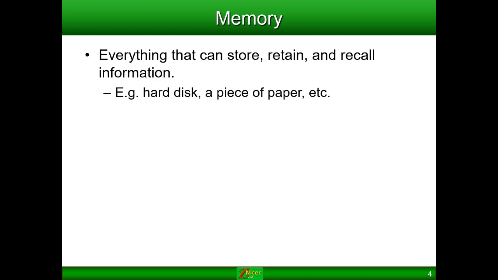As I told you before, we have two types of memory, primary memory and secondary memory. Primary memory, which is our RAM, is a volatile memory, so it is erased whenever we turn the power off. But of course a hard disk or an SSD can retain that memory when power is not on.